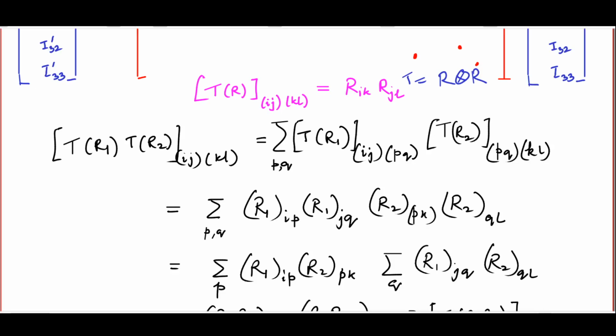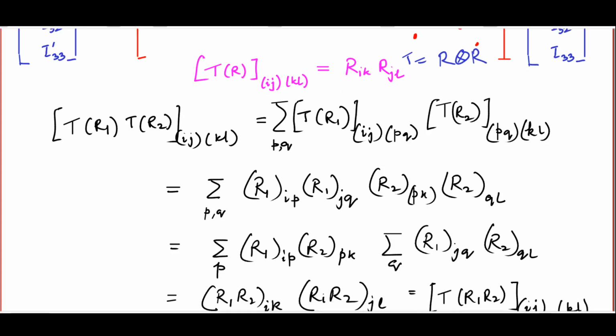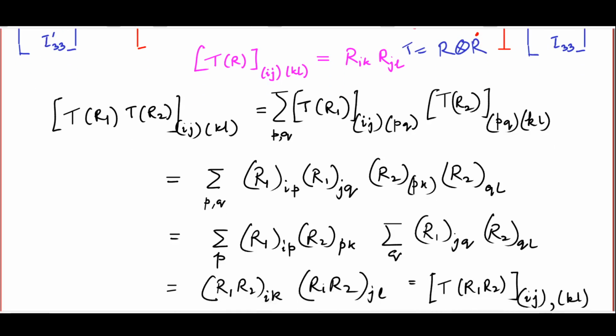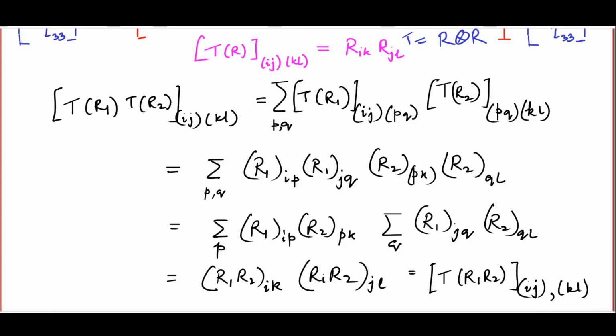And now again, using standard rules of matrix multiplication, we end up with the first term being R1R2's ik-th element and the second sum being R1R2's jl-th element. And this of course is nothing but T(R1R2)'s ij,kl element. And this verifies for us that T(R1)T(R2) for this transformation rule is actually T(R1R2).